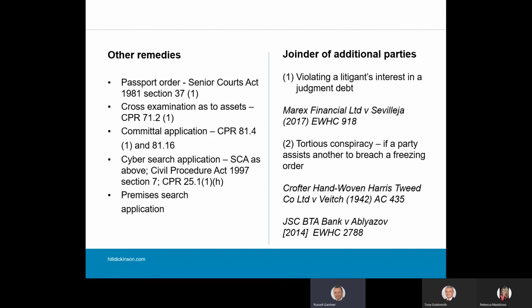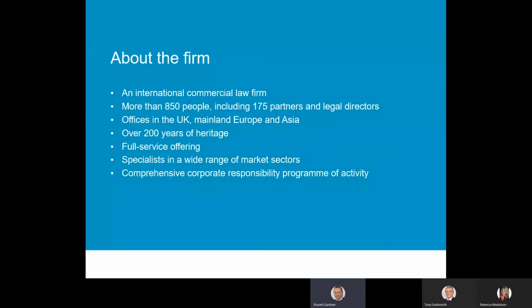In the context of that application, it was held that there's a good arguable case that English law recognizes this tort of inducing or procuring a violation of rights under a judgment. It's somewhat analogous to interfering with a contract unlawfully, but there it is, and that's a jurisdiction which we are relying on.